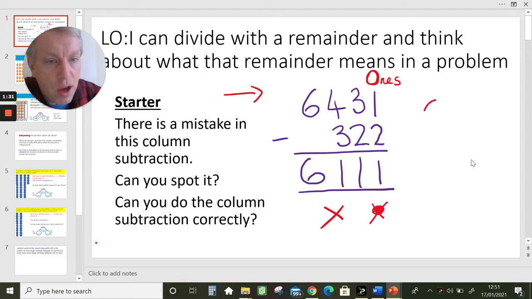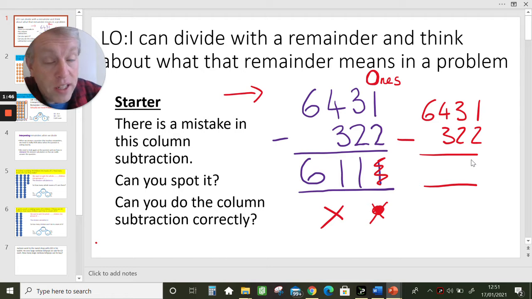Let me try and do it over here. I wonder if you worked it out correctly. So this is wrong. Did you think to yourself, 1 take away 2, oh, I've only got 1 in the ones. I can't take away 2 ones.